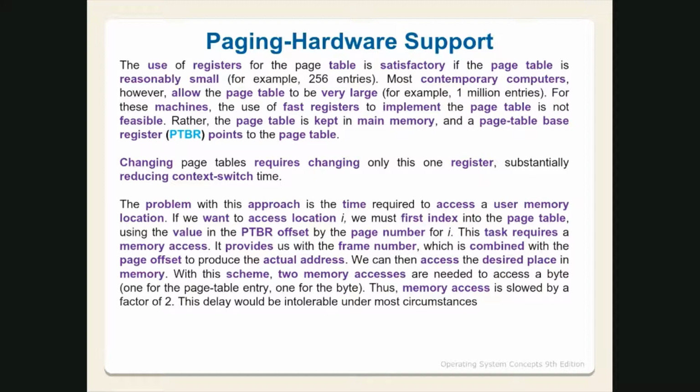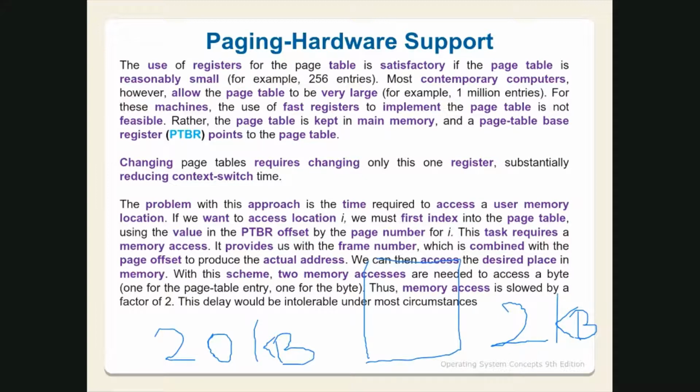The use of registers for the page table is satisfactory if the page table is reasonably small. For example, if a process comes in with a size of 20 KB, and my page size is 2 KB, how many pages do I need?